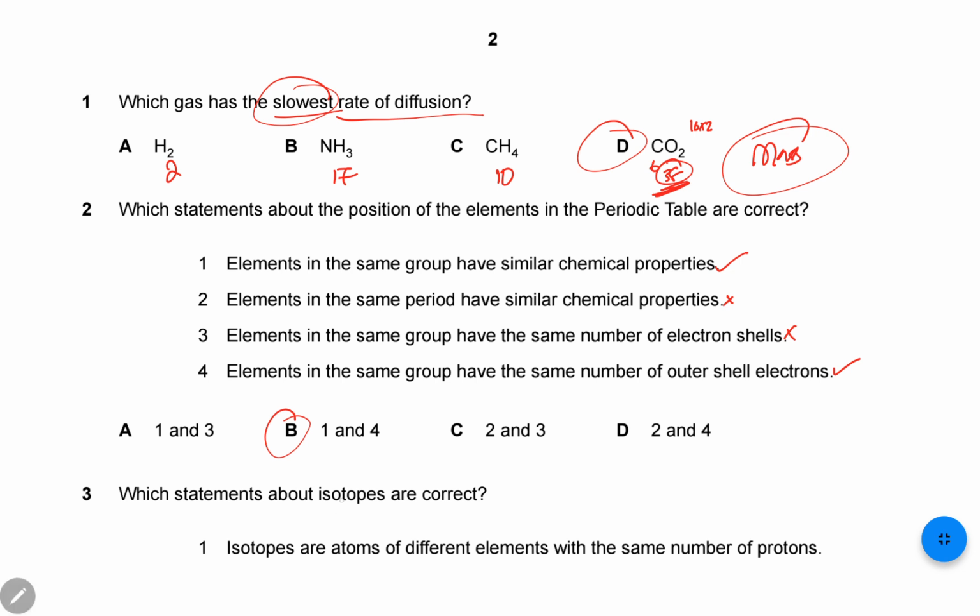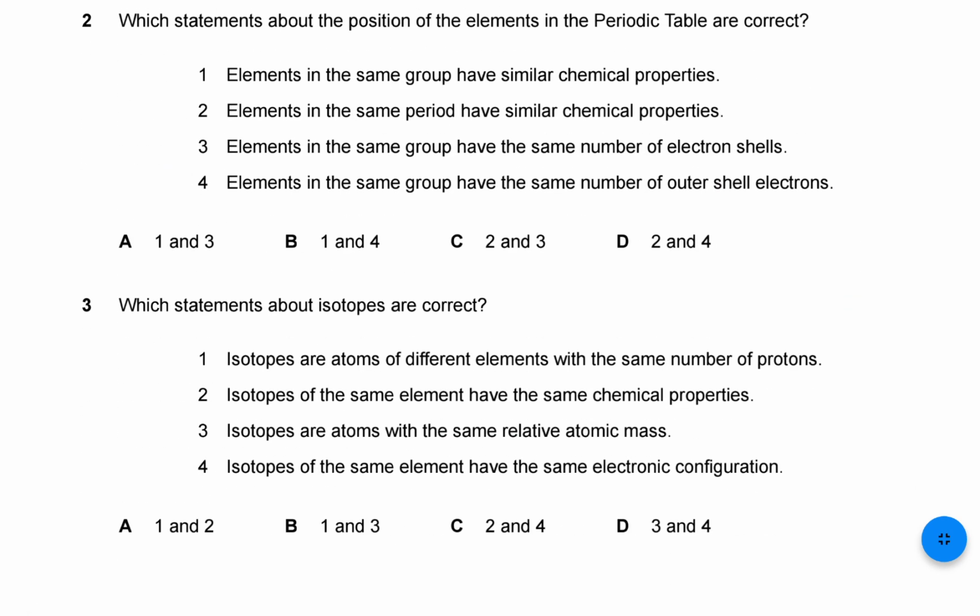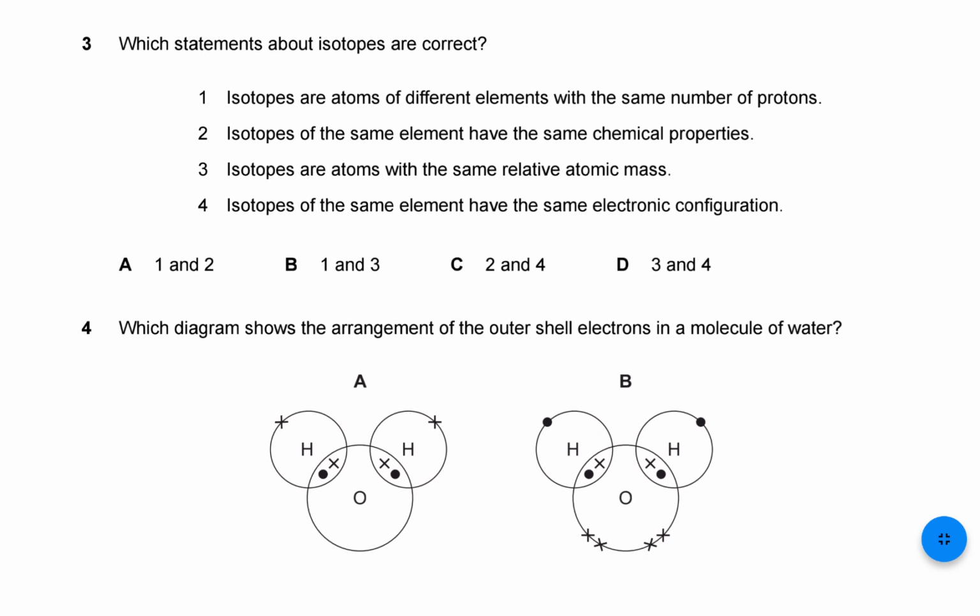Which statements about isotopes are correct? Again, let me just zoom in a bit. Number 1, isotopes are atoms of different elements with the same number of protons. Is it correct?